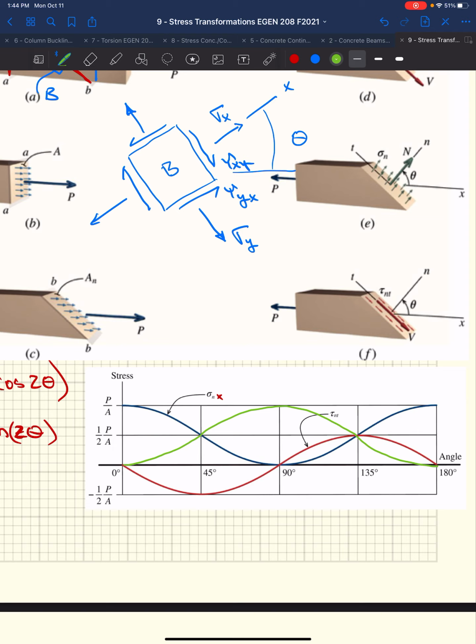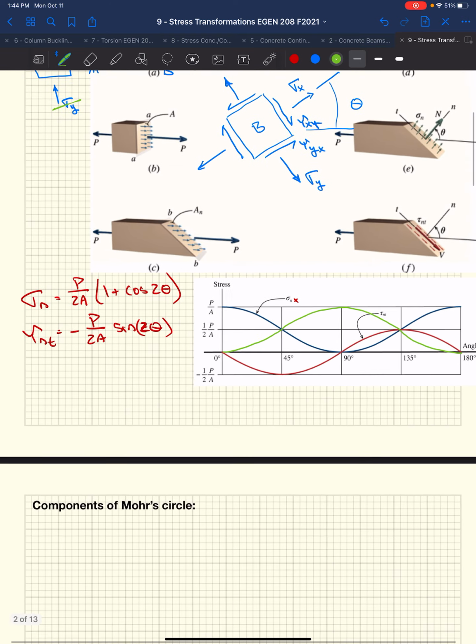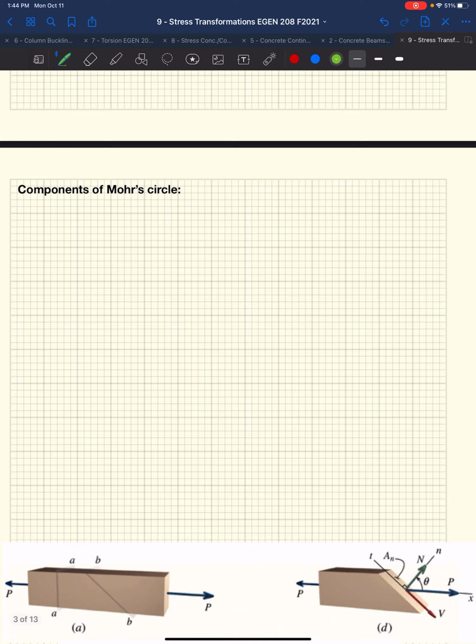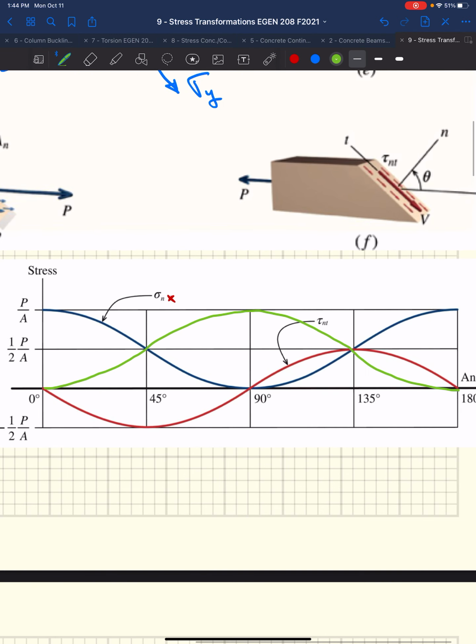Mohr, I don't know his first name or last name, who this person was, but they came up with this circle, which is a visual representation of essentially this graph. And so what do you get to do? Well, you get to plot a known stress state onto this graph, and visualize what that stress state is going to do if you were to go from theta equals 0 to theta equals 180.